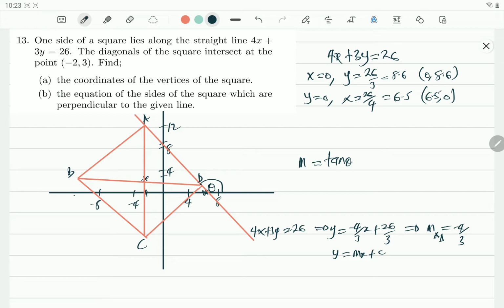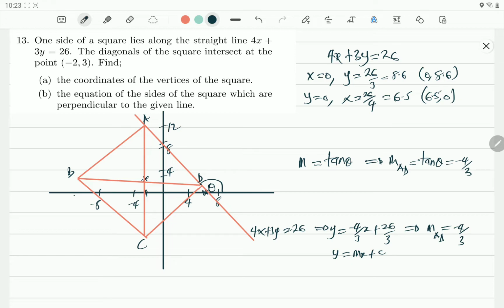So in this case, if the angle here is theta, then the gradient of the same line AD is equal to tan theta, which we have found as minus 4/3 for the meantime.